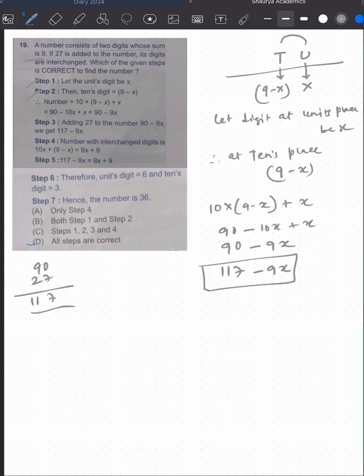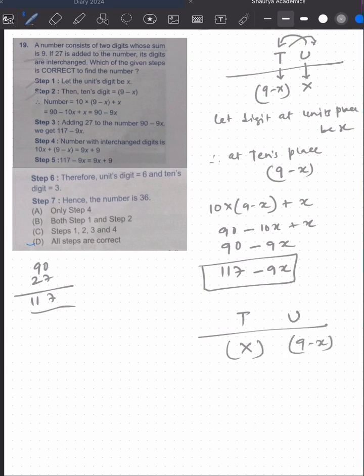Digits are interchanging now. So what is at units place will go to tens place, and what is at tens place will come to units place. So step number 4, the number with interchanged digits is 10x plus 9 minus x. Correct? Because this time x is at the tens place and 9 minus x has come to the units place.